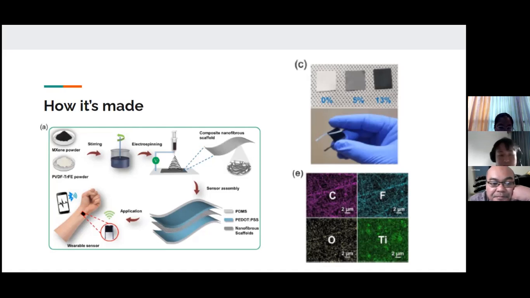The PEDOT:PSS electrode film with the PDMS was peeled off from the glass substrate, and the sheet resistance of the as-prepared film was measured using a 4-point probe meter.